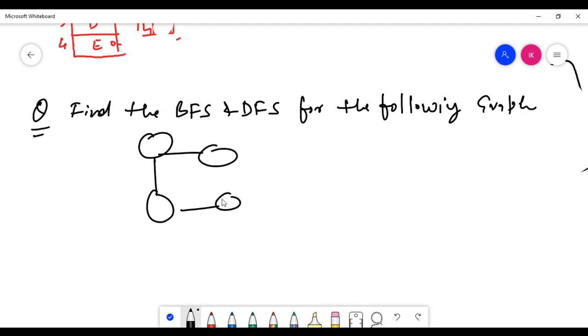Any graph you can take. Okay, suppose this is the graph and now here the numbers. They can write A, B, C, or they can write numbers, no problem. Okay, suppose this is the graph.